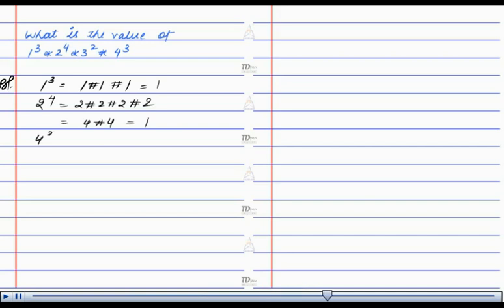Next, 4 cube can be written as 4 hash 4 hash 4, that is 1 hash 4, which again comes out to be 4. So the expression actually becomes 1 star 2 star 1 star 4, that is 2 star 4 star 4, which comes out to be 1 star 4, that is 0.